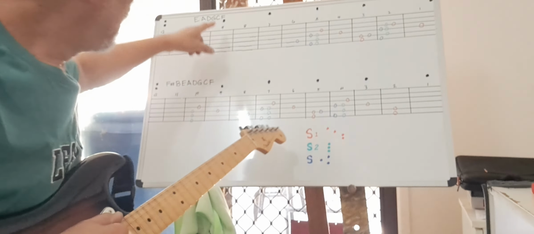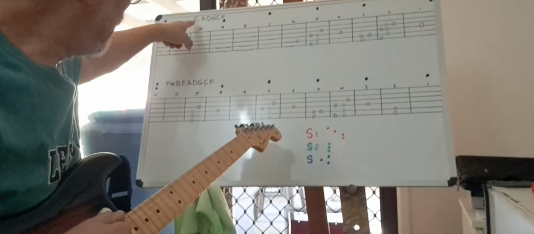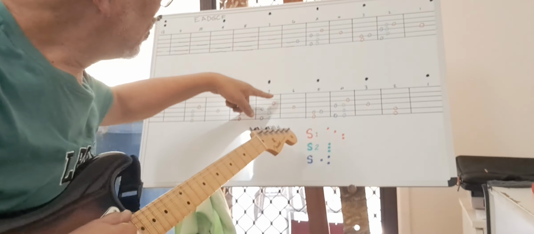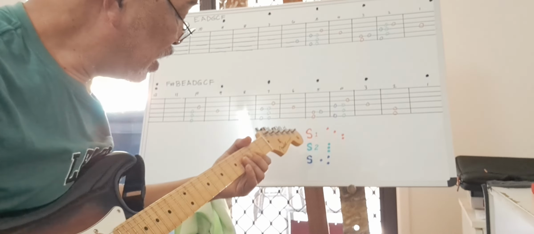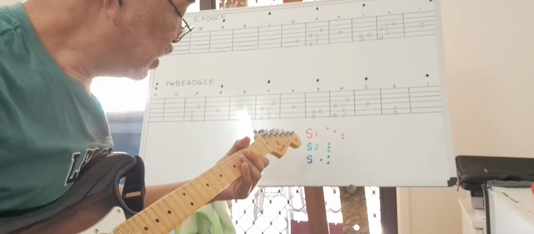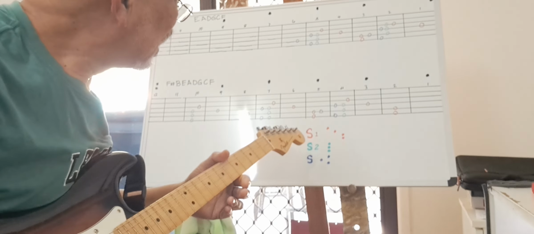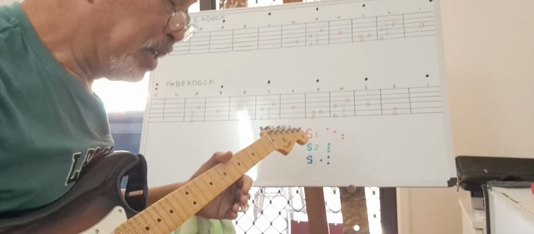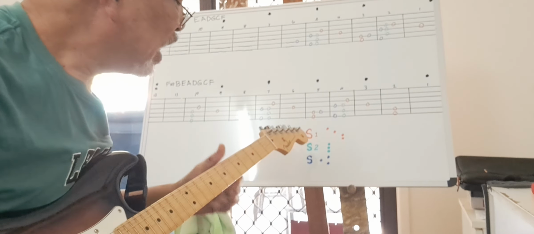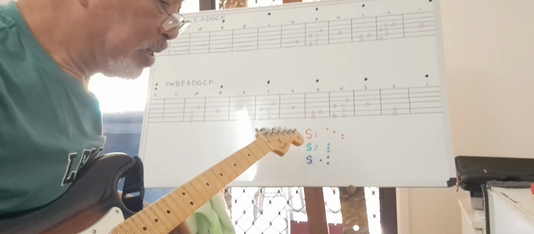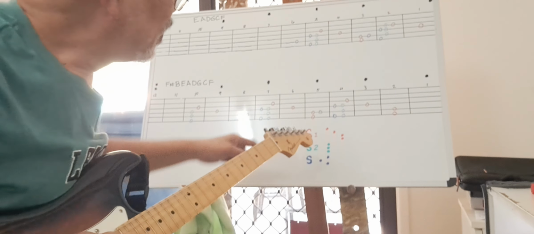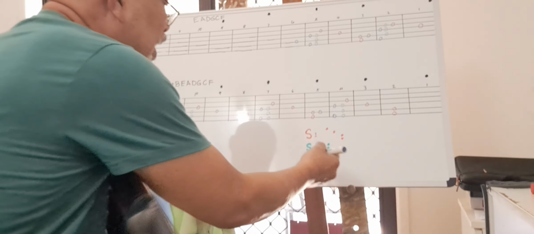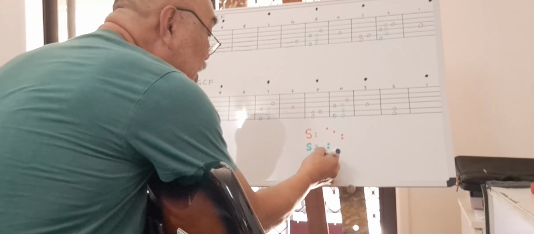So that's what I found out: E, A, D, G, and then C, F. But in the string tuning, instead of C after G, it's actually B, and then the last string is high E. Okay, I'll tell you why, probably because I'm following this pattern. I forgot to write down number 3. That's number 3 there.